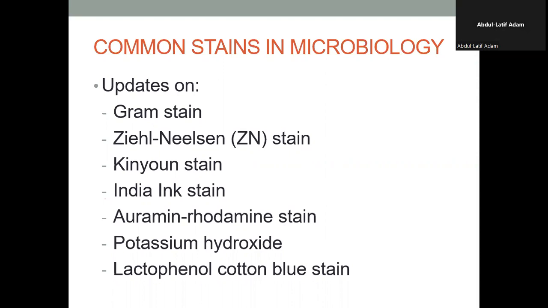So you see that it is now very simple. You don't need many stains, you don't need heat, you don't need anything. All you need is to mix your sputum with your auramine stain.